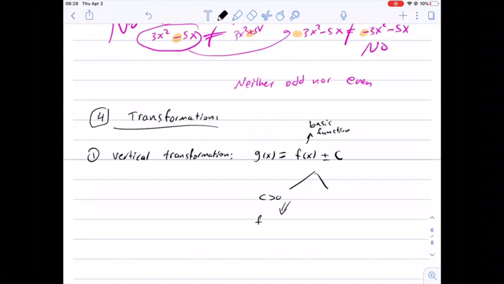If c is greater than 0, then f of x plus c is translation upward. If c is also greater than 0 and we have f of x minus c, that means we have translation downward.